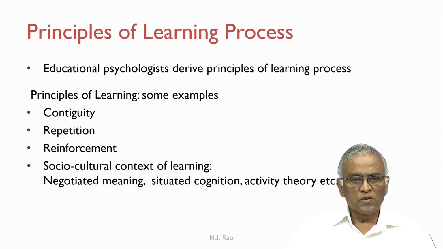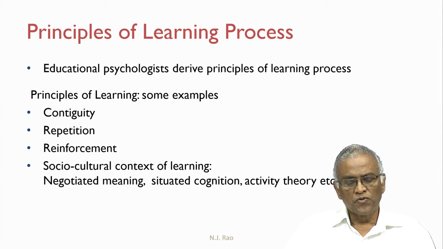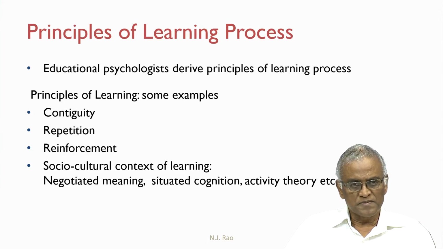Another one is repetition. As we know, through repetition we can understand or learn better. That is, practicing some problems, you keep repeating, you read something. And similarly, reinforcement. Your understanding of a concept can be reinforced by a large number of examples. You should be able to relate to that.